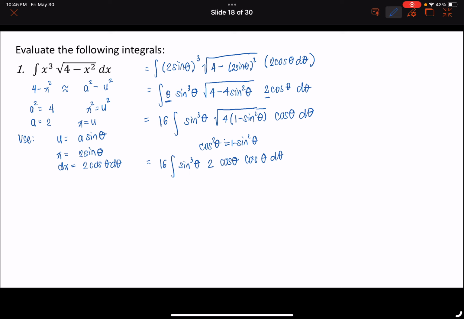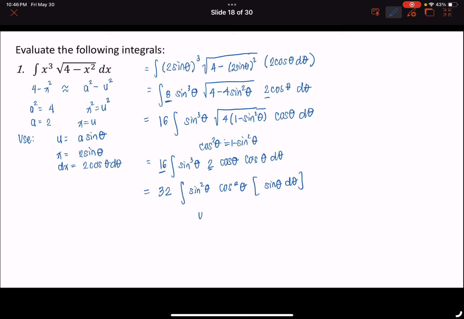If we have an odd power of sine or cosine, we split up that expression from the integral. So we will be having 16 times 2, that would be 32, integral of sine squared theta, cosine squared theta, and then we have sine theta d theta.